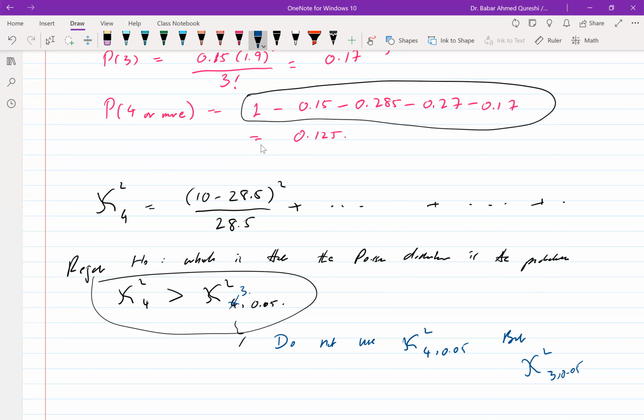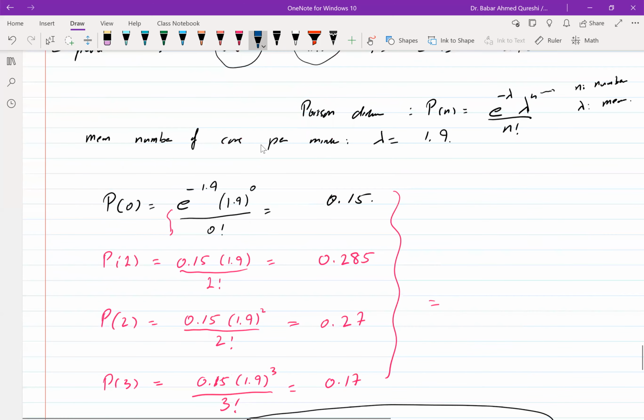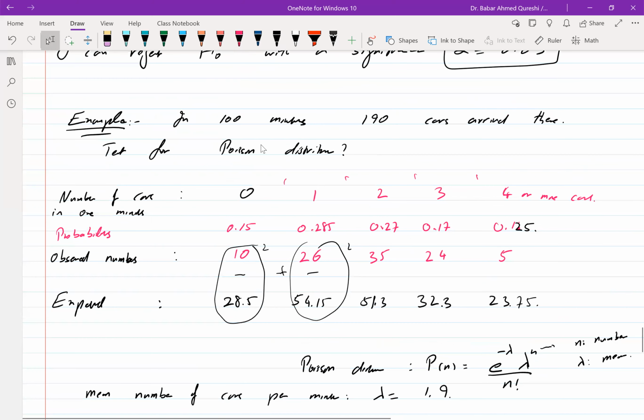The reason is that we are just testing if it's Poisson or not, and we don't know if it is Poisson, so what is the true mean of the Poisson? We got the mean by doing a sample. We observed for 100 minutes and picked a sample of 190 cars. Based on these 190 cars, we got a mean, so that mean is an estimated mean.